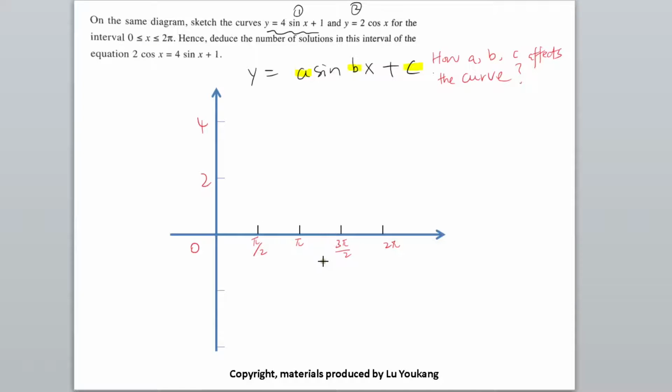So what we need to do first, let me try to use a tool to help me draw this sine curve. Or rather, the tool is not that useful. Let me use freehand, because I find that freehand is easier for me to demonstrate here. Okay, so let's label all the required points.